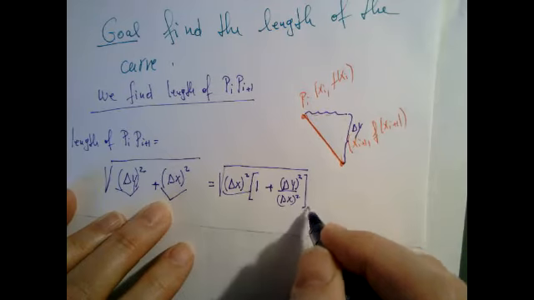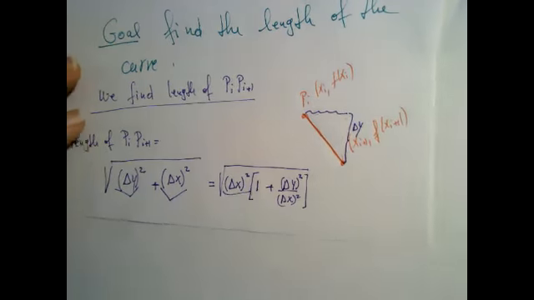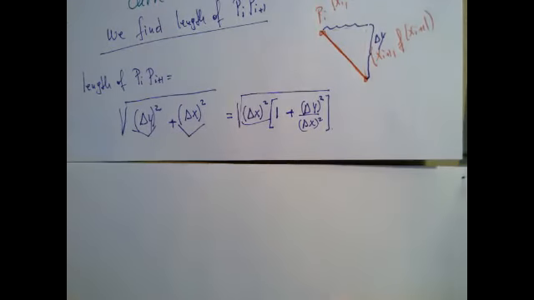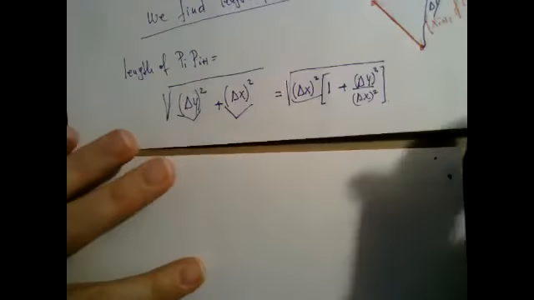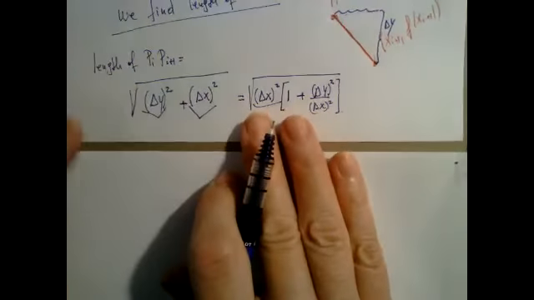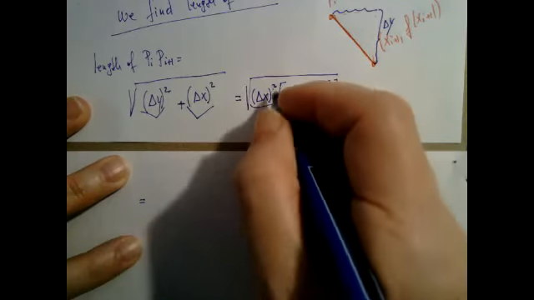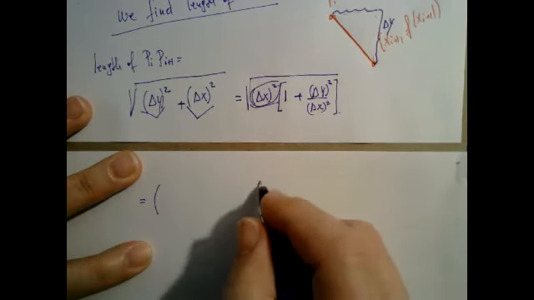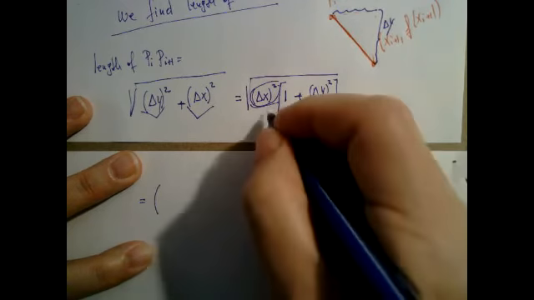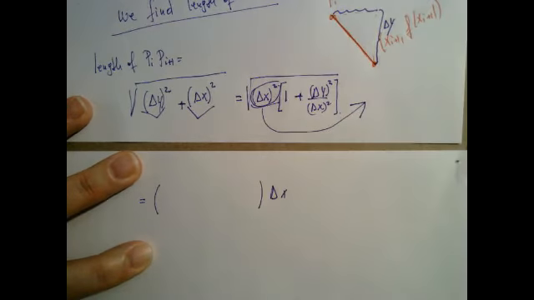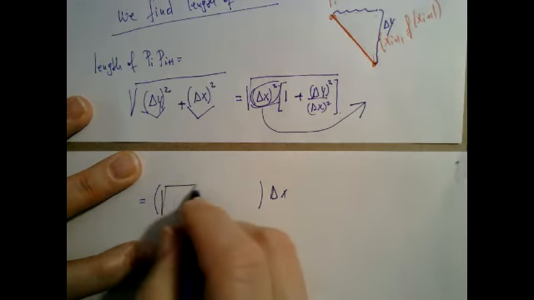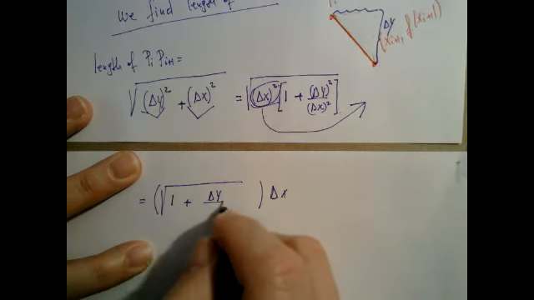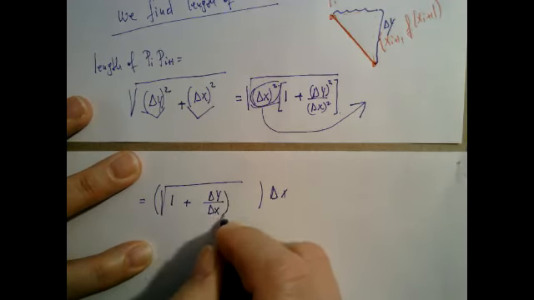I know it's a little bit weird, but very soon the formula will be very clear. All right, so now I can take the delta x squared out of the square root, and I will be left with 1 plus delta y over delta x squared.